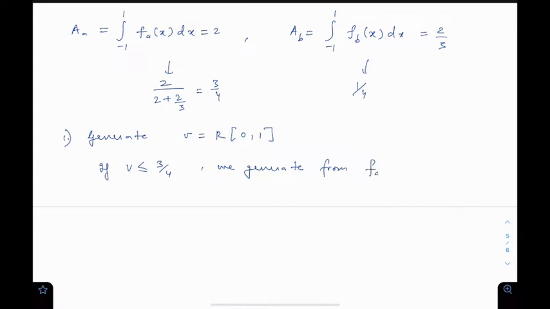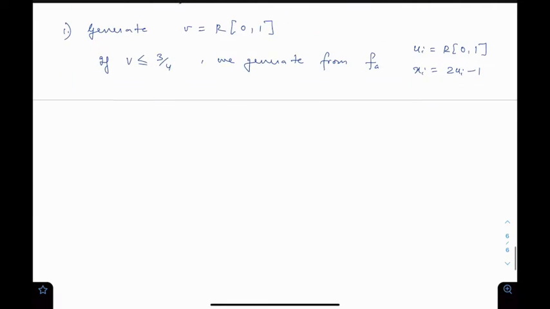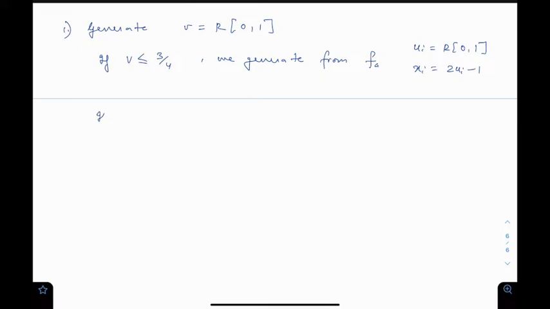What we generate is u_i, a random number between 0, 1. x_i is given by the relation 2u_i minus 1. If V is greater than 3 by 4, we generate from f_B.